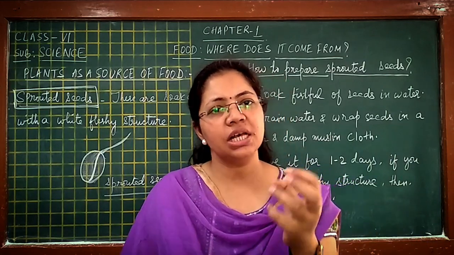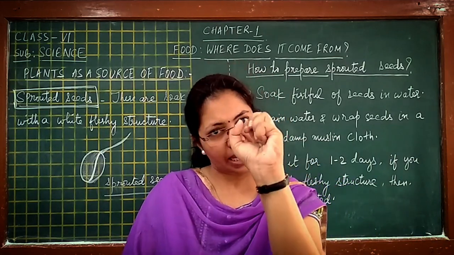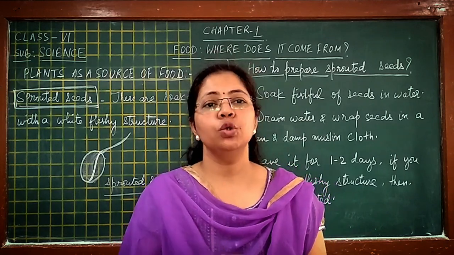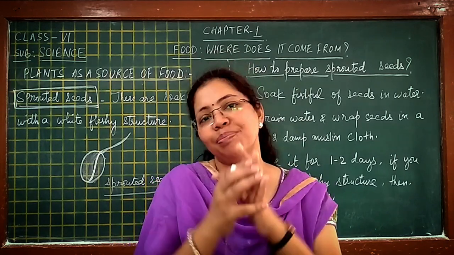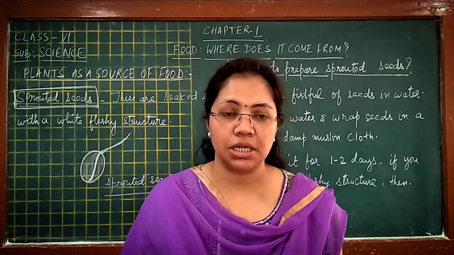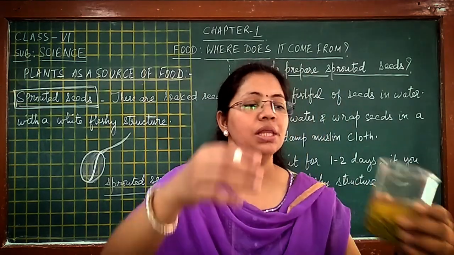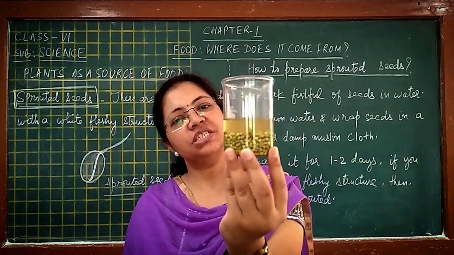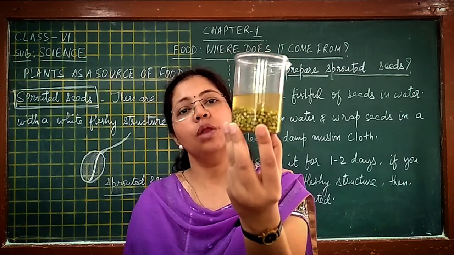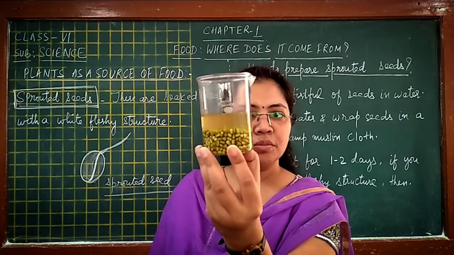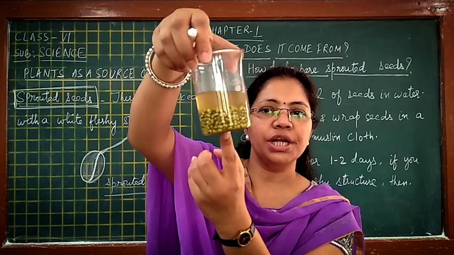Fistful means ek muthi bhar ke. You have to soak it in plenty of water for 5 to 6 hours. For example, here I have soaked a fistful of whole moong seeds overnight.